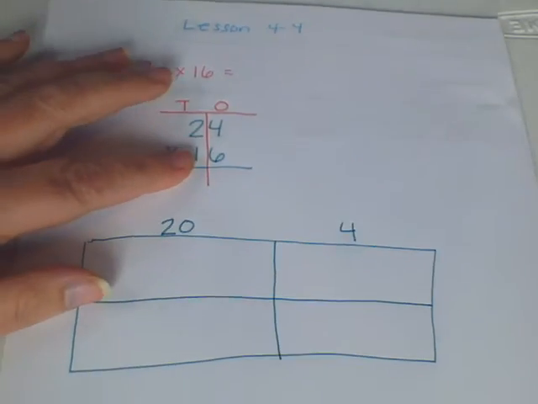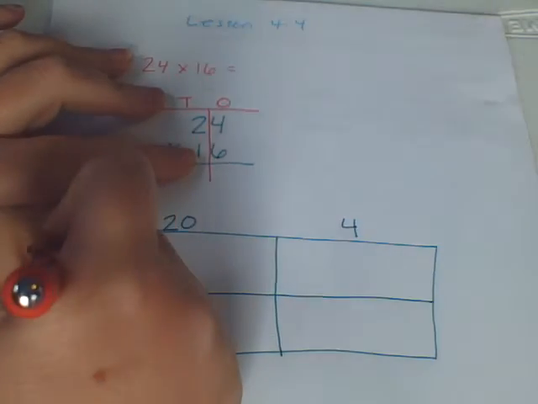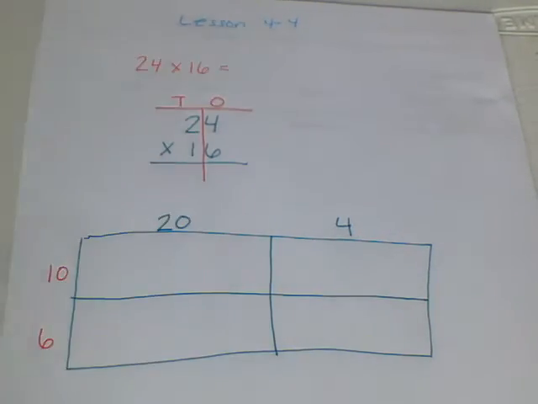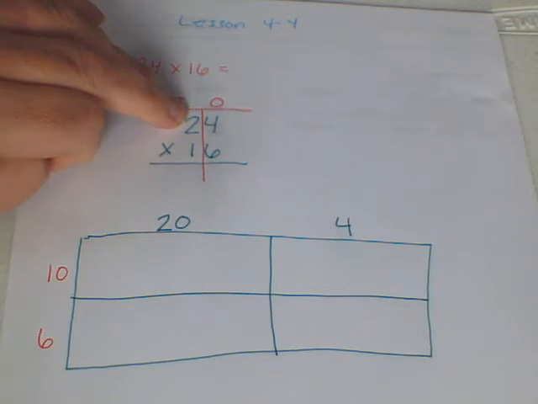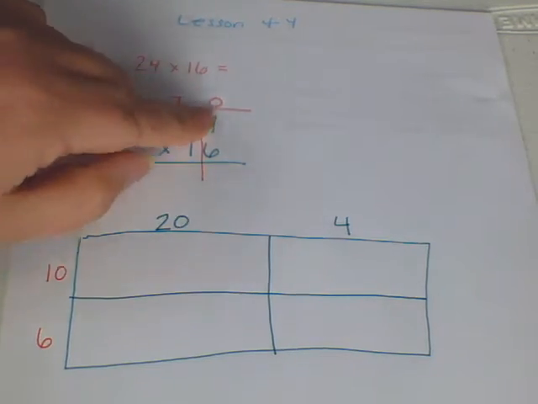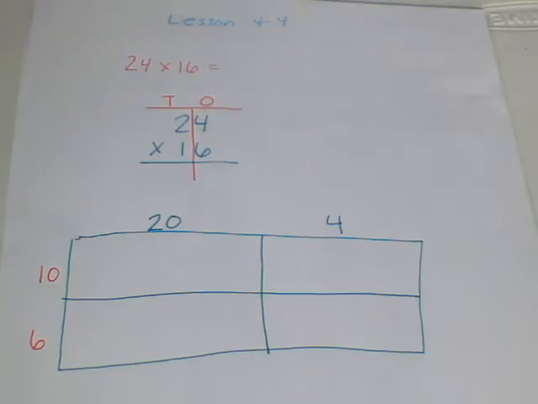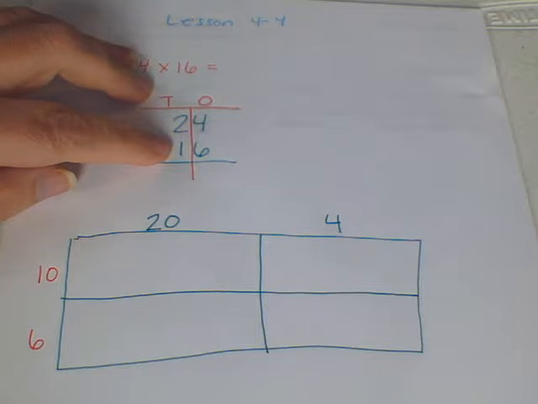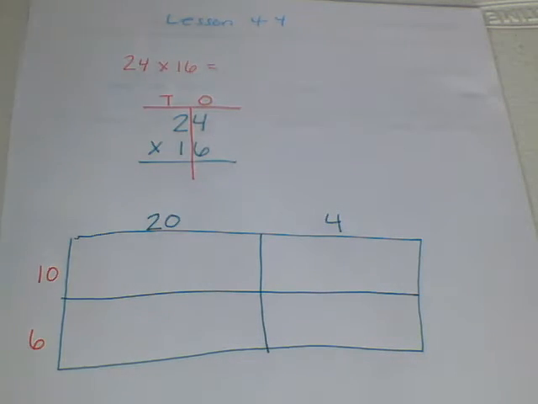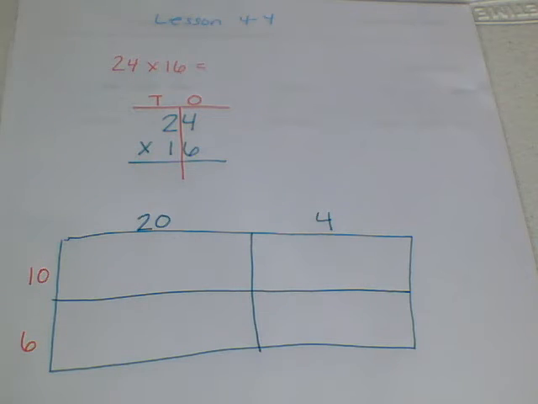We're going to have 1 ten, which is equal to 10, and we're going to have 6 ones, which is equal to 6. Okay, see how I did that? So I took the number 24, and I just said my 2 tens was equal to 20, and my 4 ones are equal to 4 ones. And then I took my 1 ten, which is equal to 10, and my 6 ones, which is equal to 6. And now I'm going to do some multiplying.